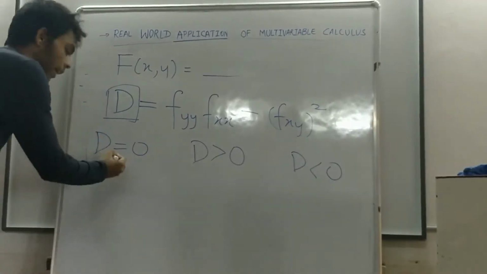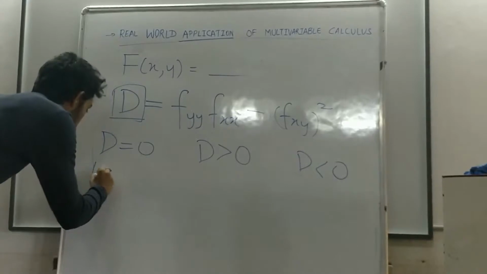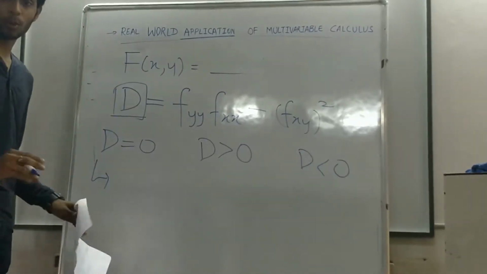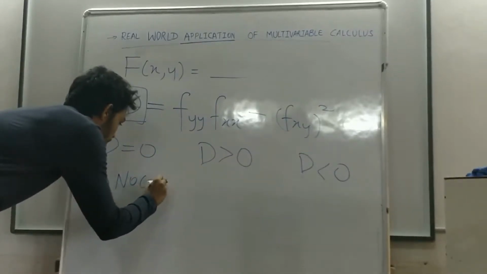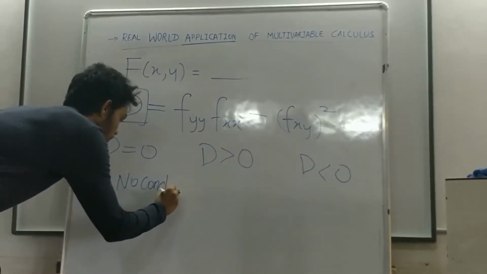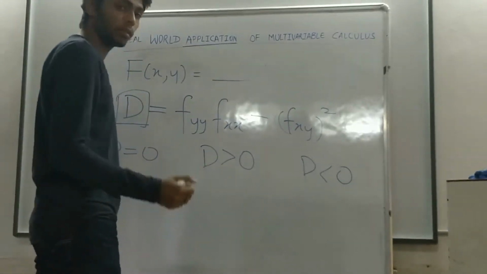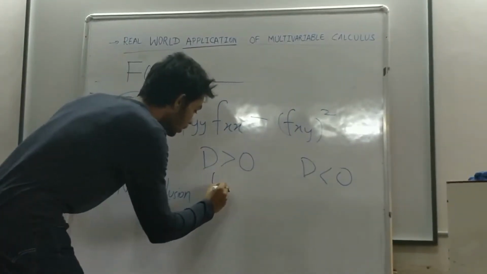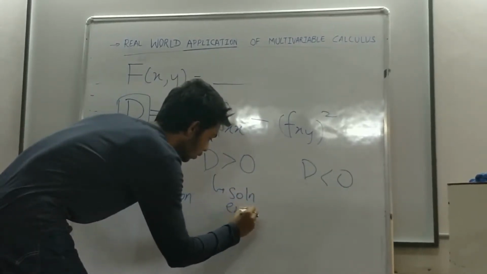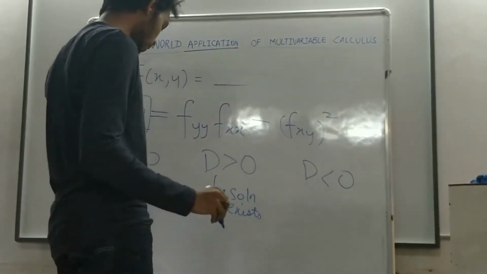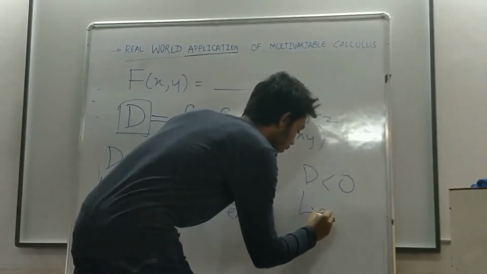So if I get my discriminant equal to 0, then I can come to the conclusion that no conclusion is possible. If my discriminant is greater than 0, then I can conclude that a possible solution exists. And if my discriminant is less than 0, then I can conclude that it is a saddle point.